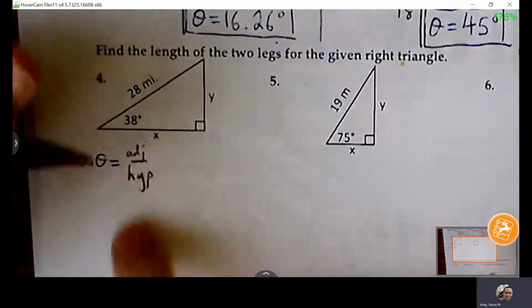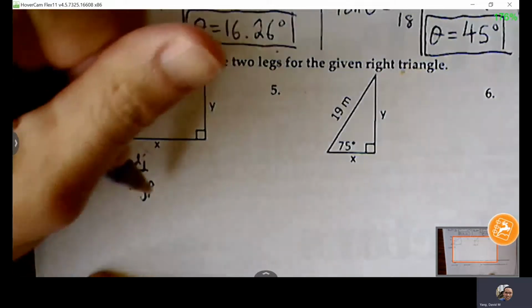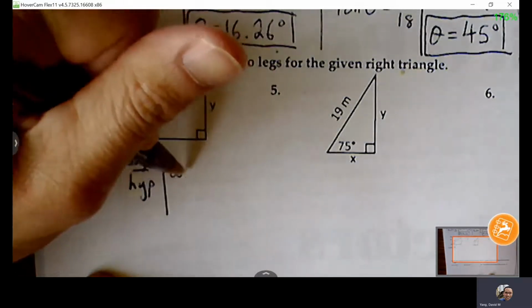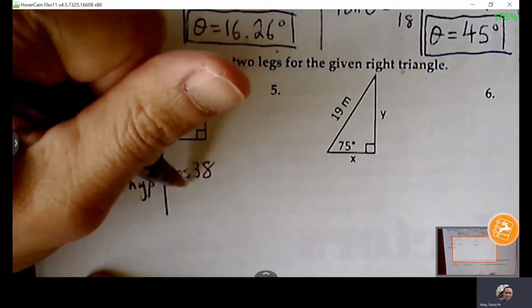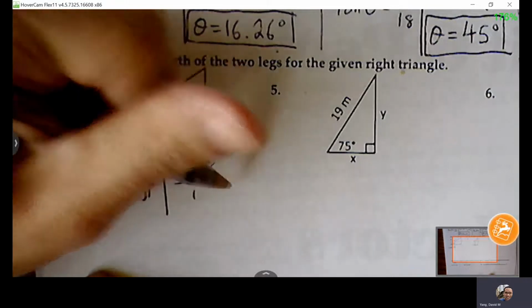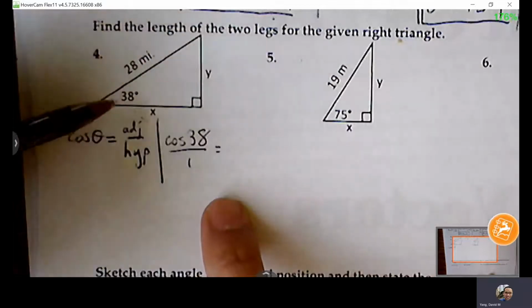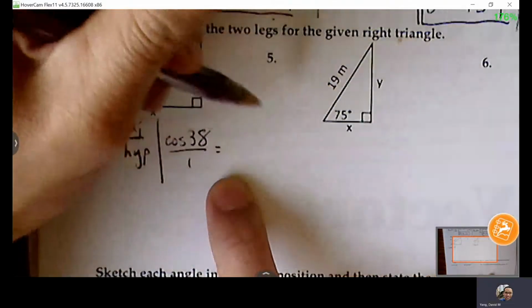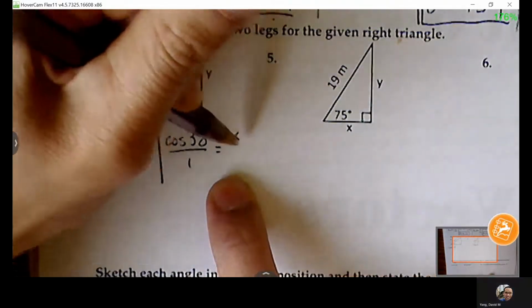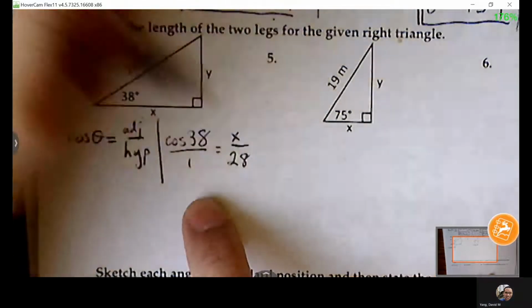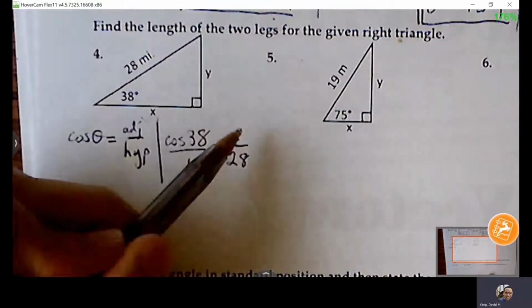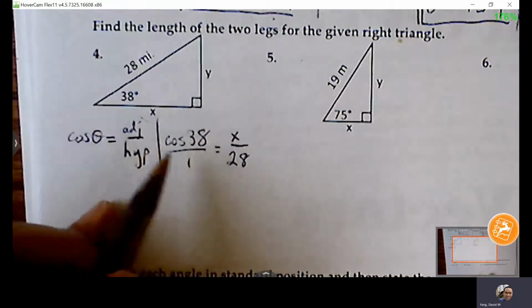All right, we set everything up here. Cosine of 38. If you want to put it over 1, just so that you know that there's some cross multiplying that has to occur here. X times 1 equals 28 cosine 38.